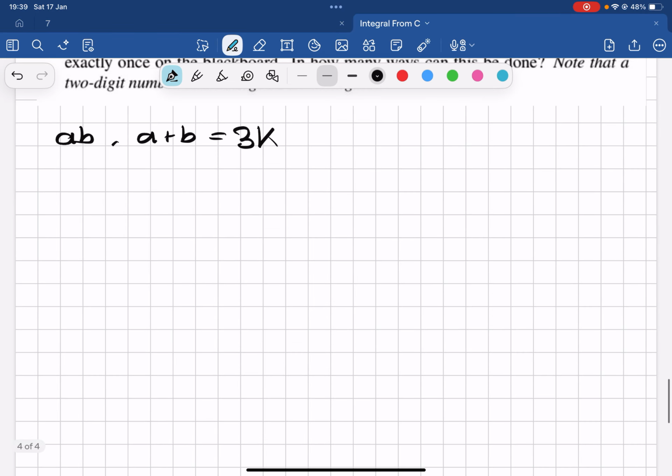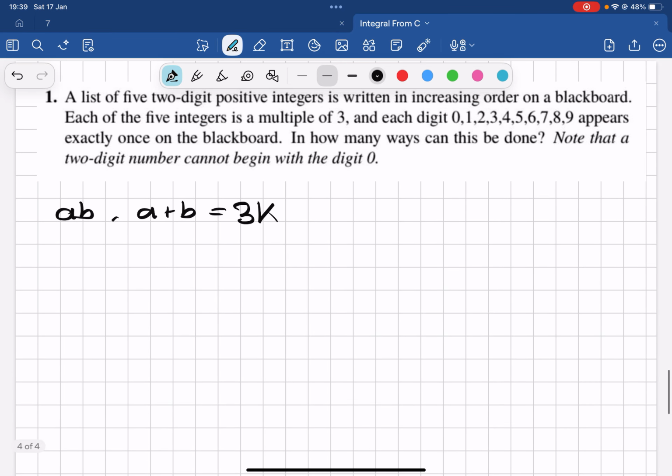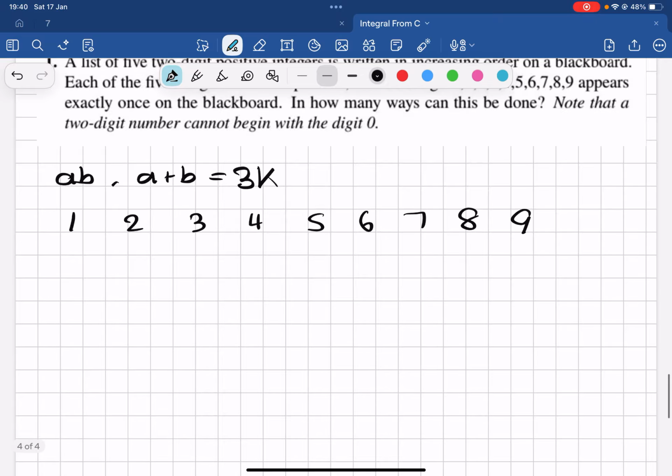Let's start. Where should we start? Let's look at what numbers we can possibly form. So imagine we start with 1, 2, 3, 4, 5, 6, 7, 8, 9. If we had 1 as our first digit, what other possible numbers could we get?